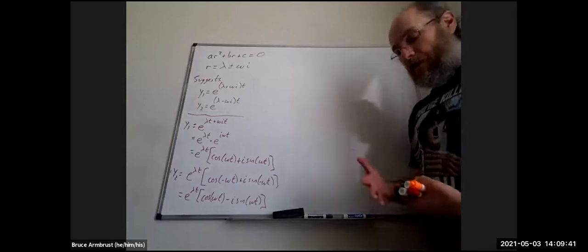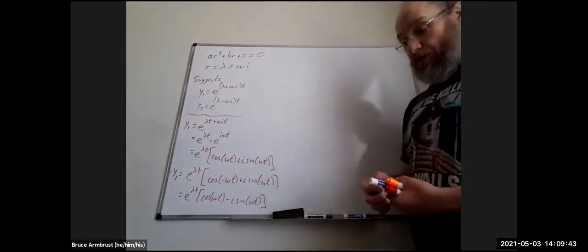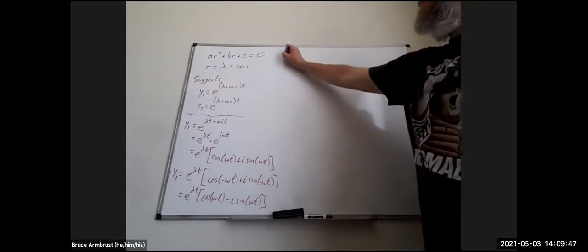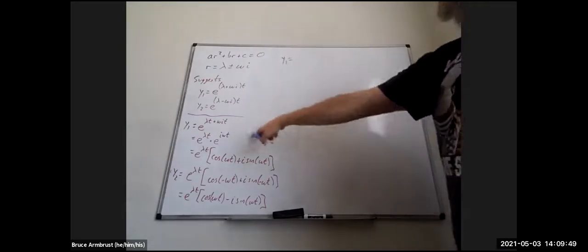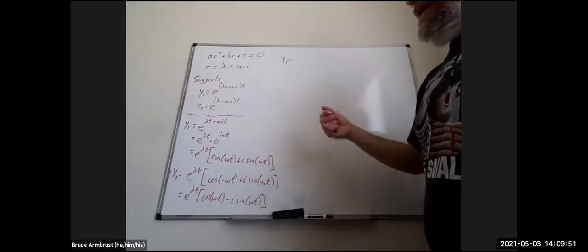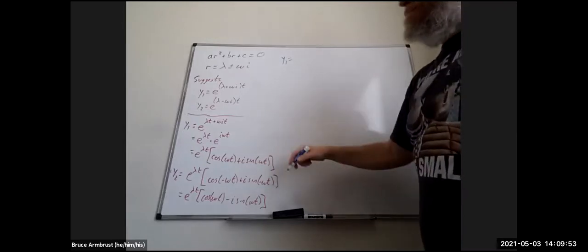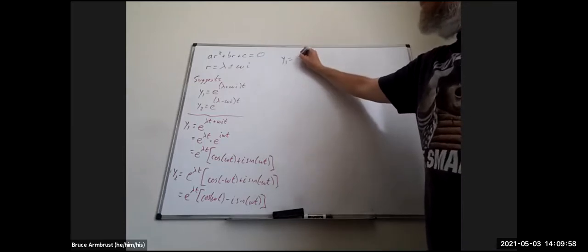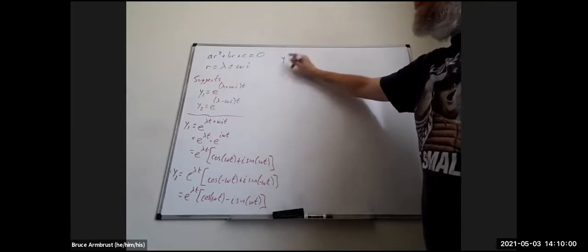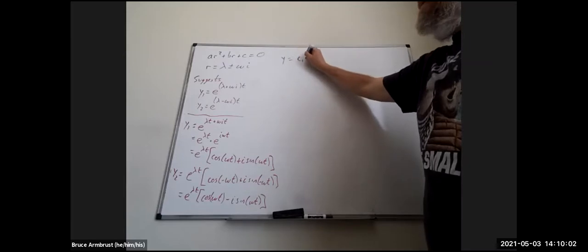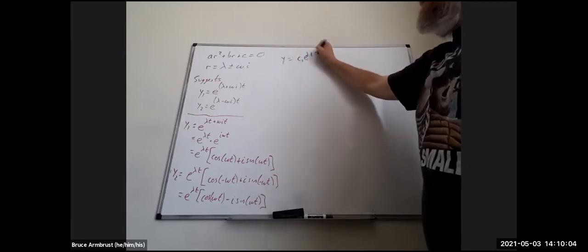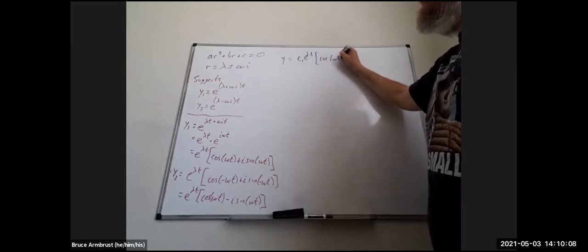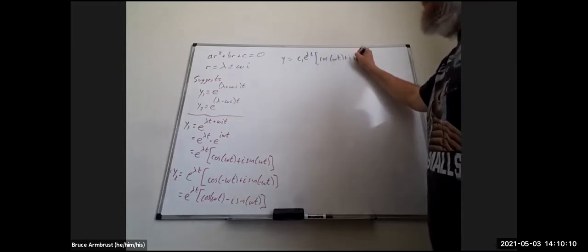Okay, well, let's think about what we're going to do to form our solution, right? We're going to have y equals c1 times the first plus c2 times the second. Those c's can be literally anything, because they're completely arbitrary.